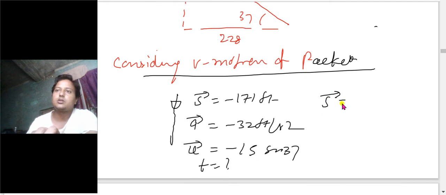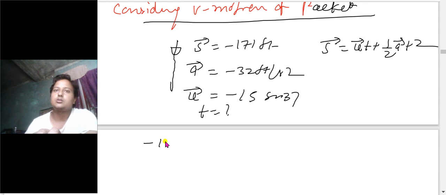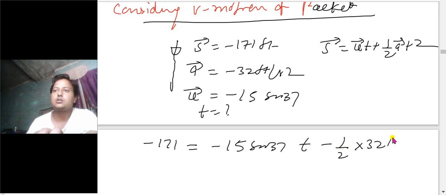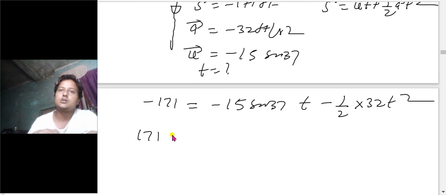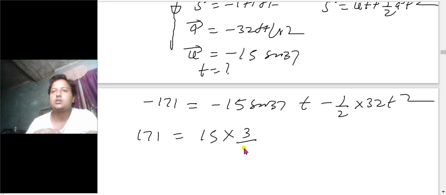So using the formula S equals ut plus half at square: minus 171 equals minus 15 sin 37 into t minus half into 32 into t square. So 171 equals 15 sin 37, which is 3 over 5, t plus 16t square.